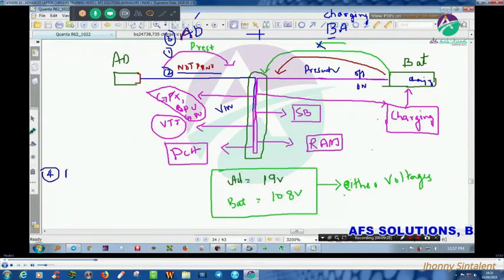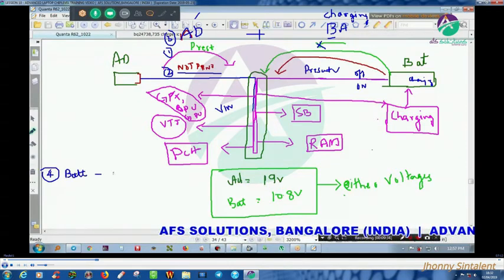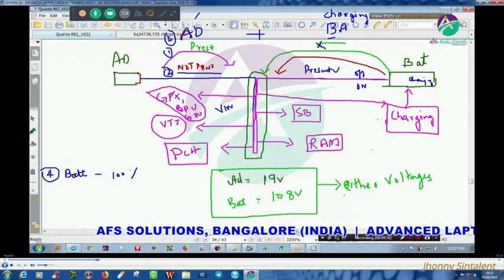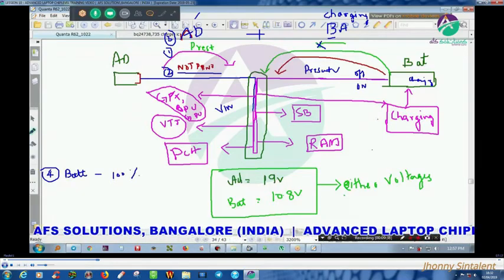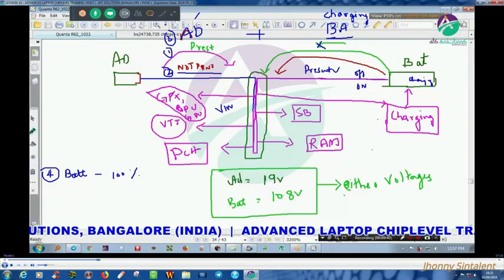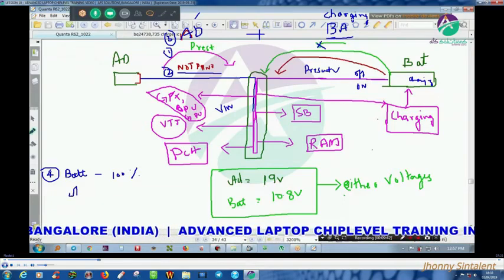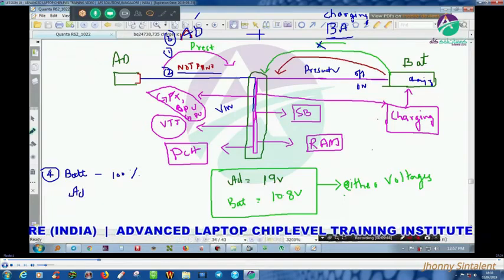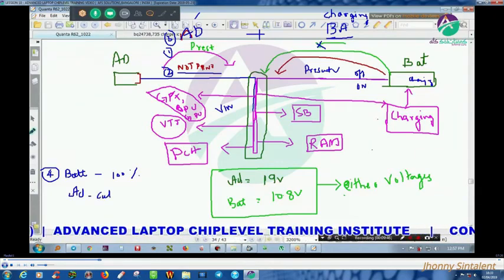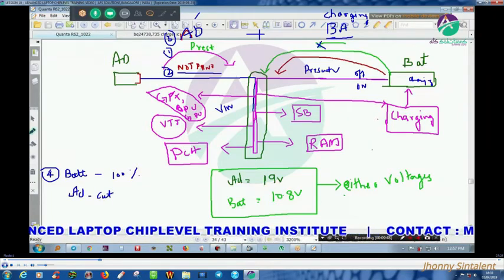When the battery is 100% charged, the adapter should go for cutoff. Why? Overcharge should not happen.